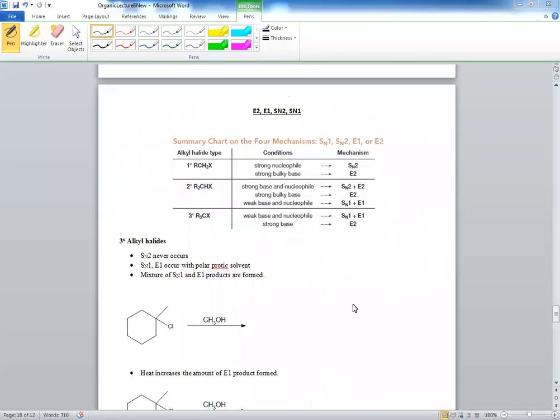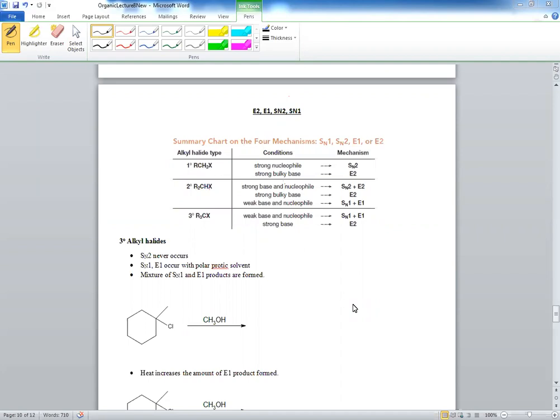Here we're reaching perhaps the most important portion of both lectures, Chapter 7, Substitution, and Chapter 8, Elimination. And here you will be able to tell which mechanism the reaction went through and, of course, draw the appropriate product.